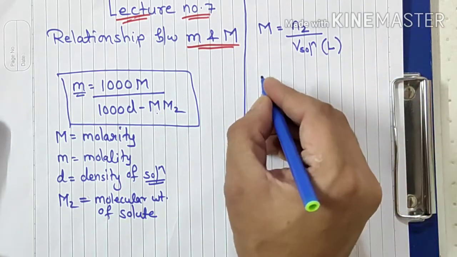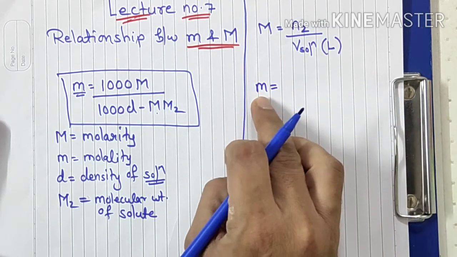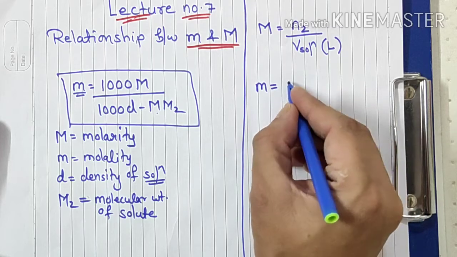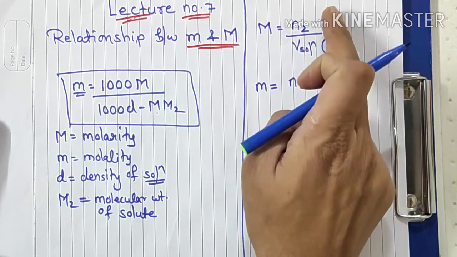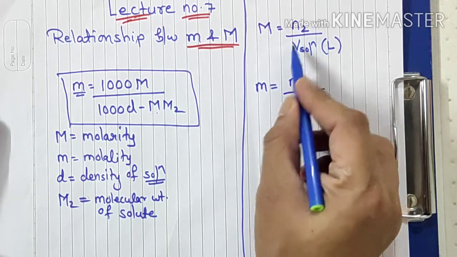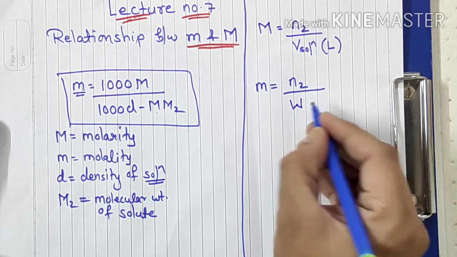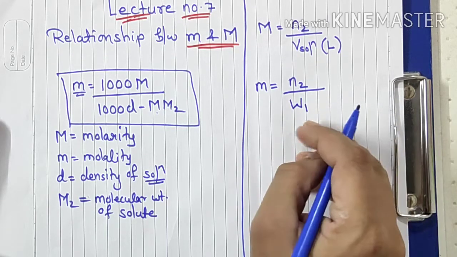Now let's see what is molality. Molality formula: m is molality, number of moles of solute, like molarity, but here we don't take volume of a solution. Instead we take weight of solvent.